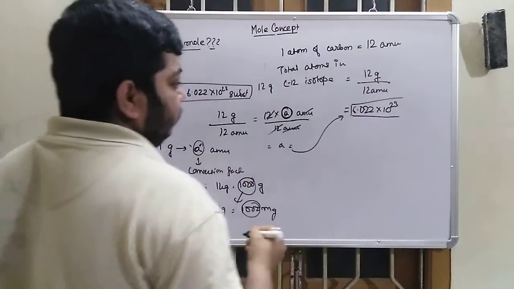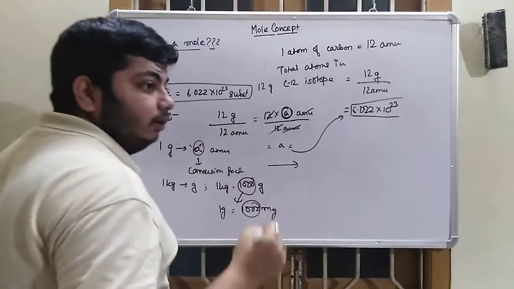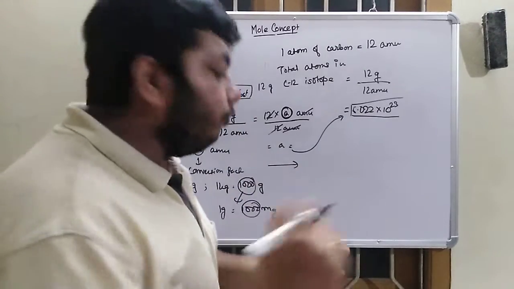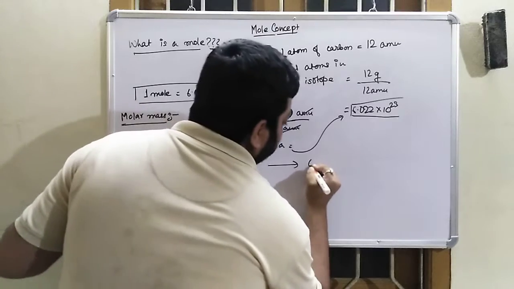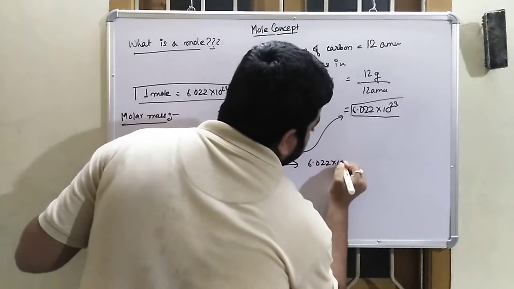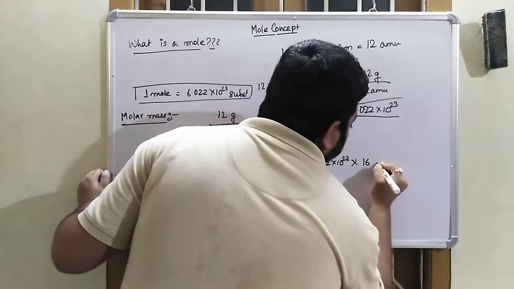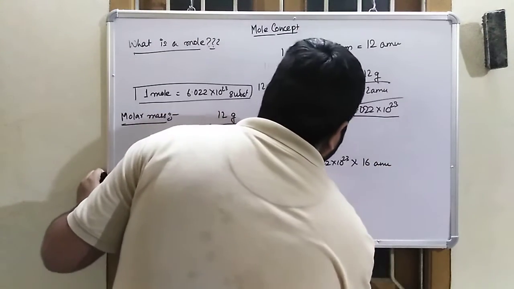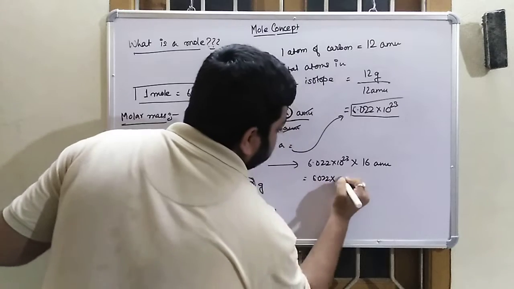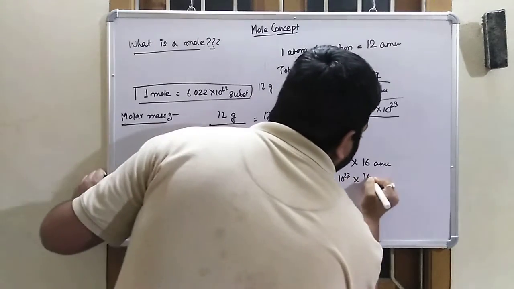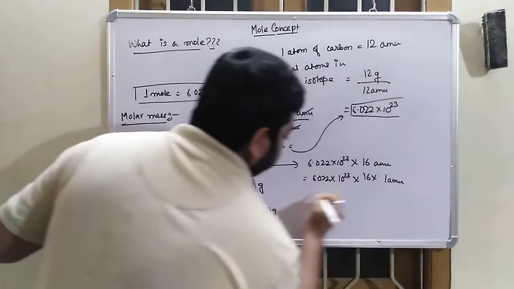So now suppose we need to measure the mass of 1 mole of oxygen. 1 mole of oxygen means 6.022 into 10 to the power 23 atoms into mass of 1 oxygen atom, which is 16 AMU. That means 6.022 into 10 to the power 23 into 16 into 1 AMU.